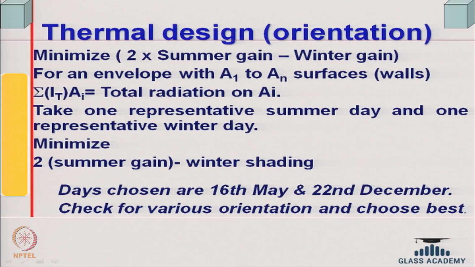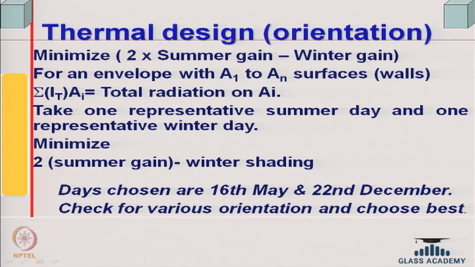In the northern hemisphere, the sun goes from east, and the sun's radiation is received onto the south surface, and then goes to the west, right. The west surface will also receive some radiation in the afternoon, and the altitude angle of the sun in summer is very high, while in winter it is much less, right. So, if you have something facing north, it will not receive any radiation, and you can find out depending upon the orientation.